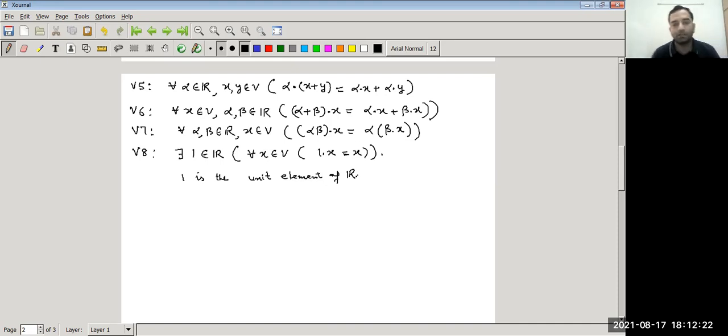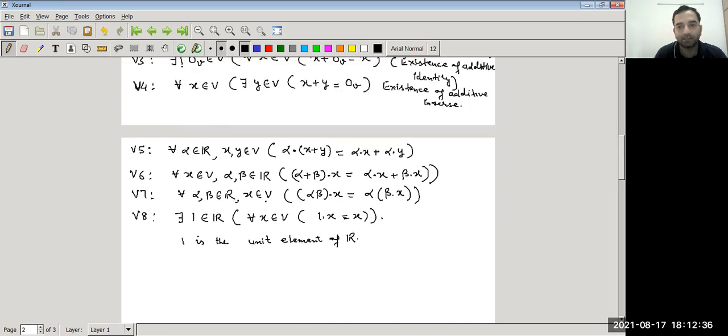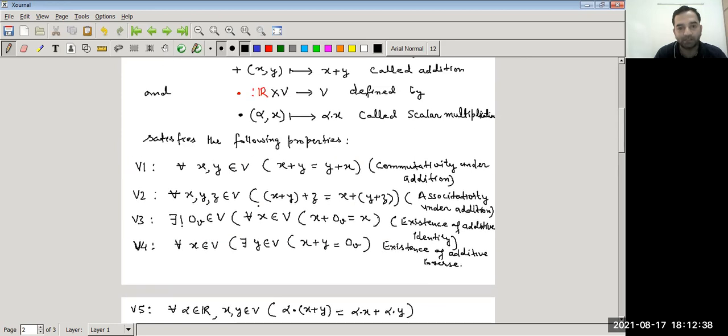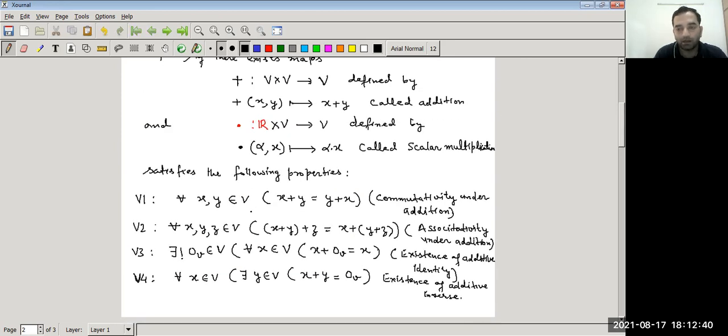So these are the 8 properties for a non-empty set to become a vector space. If any non-empty set satisfies the 8 properties under addition and scalar multiplication, then it becomes a vector space. So here a question arises in your mind: why are we not defining closure property under addition and closure property under multiplication?